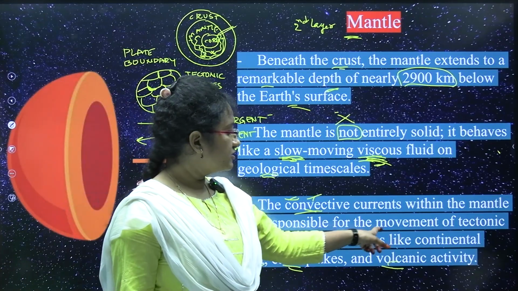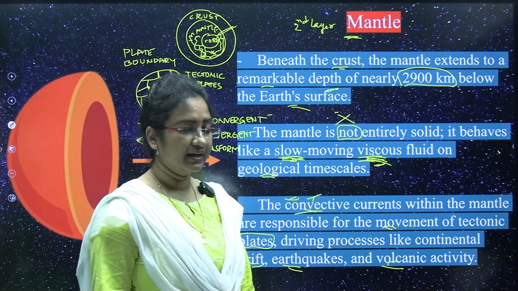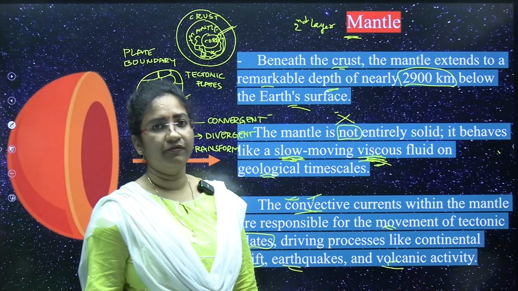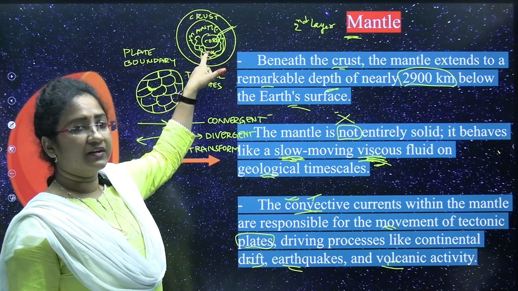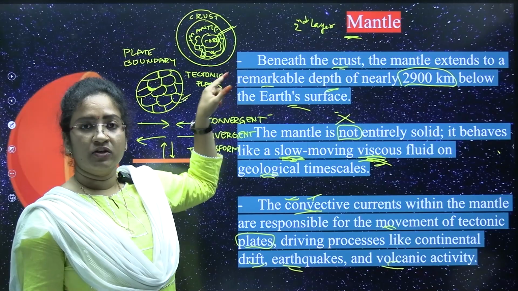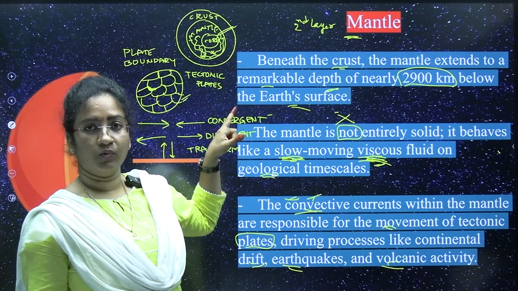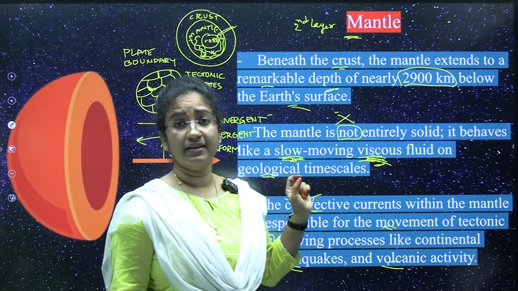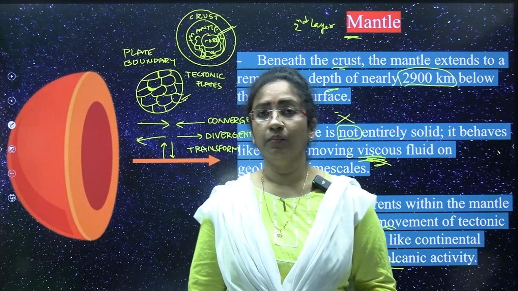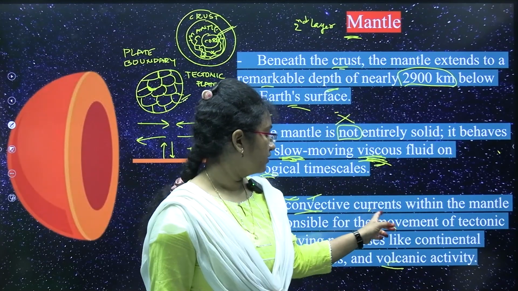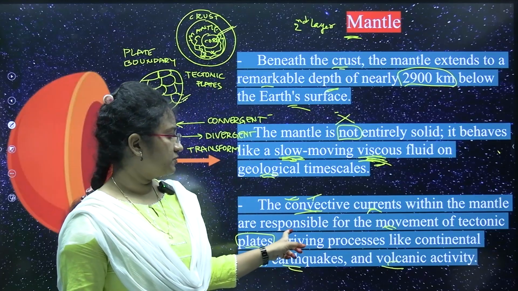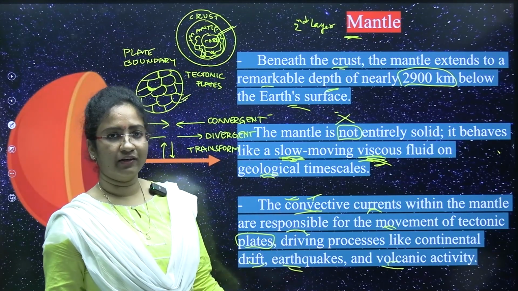What is the driving force behind this movement of tectonic plates? It is the convective currents that we have seen in the mantle layer. The convective currents keep on moving in the mantle layer, and this is the driving force behind the movement of these plates.